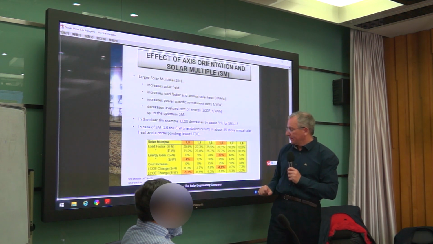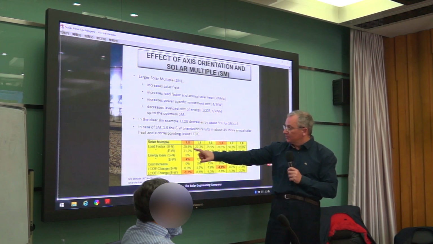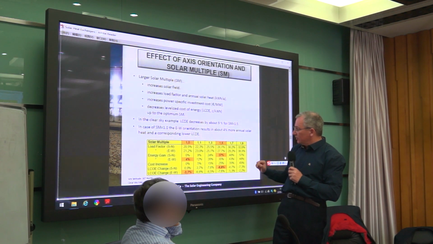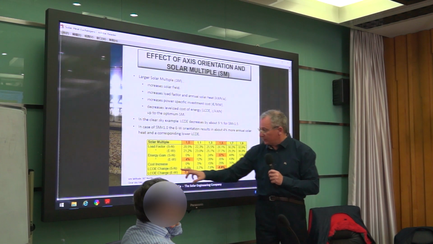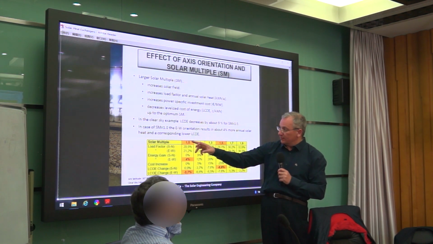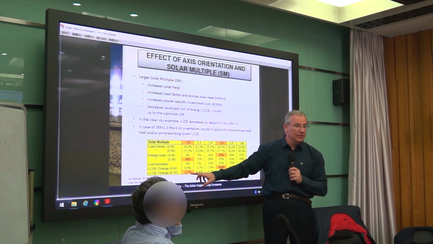And definitely you can find in the table another one where you can see the breakpoint. You see this ratio. This ratio changes with the orientation. And you can also find here the LCOE for different positions. Definitely for solar multiple 1 this one would be the most attractive.